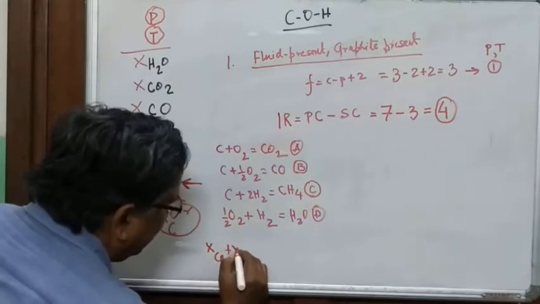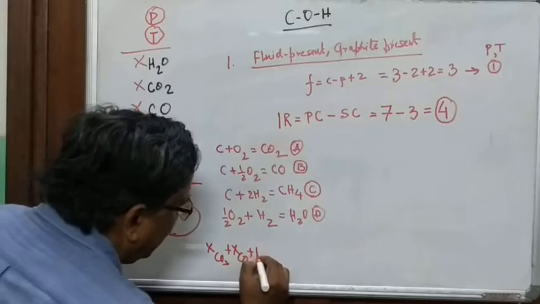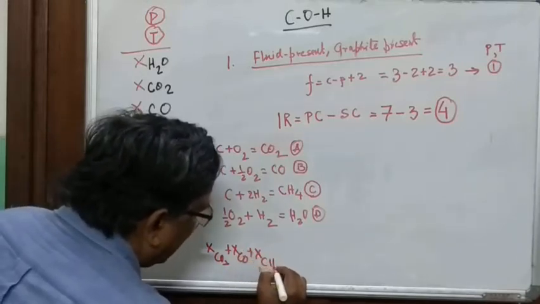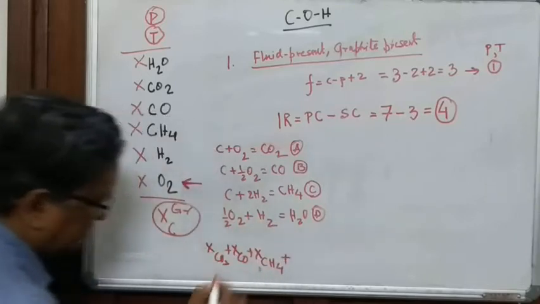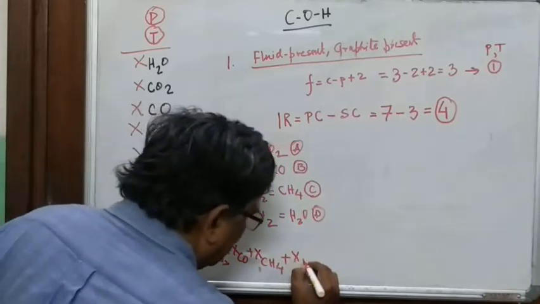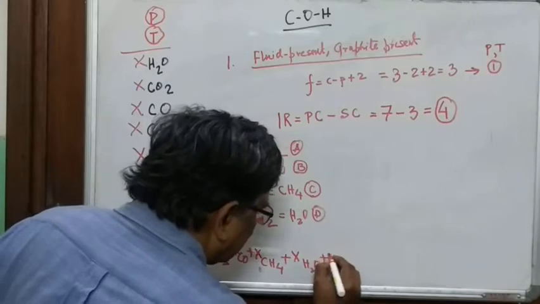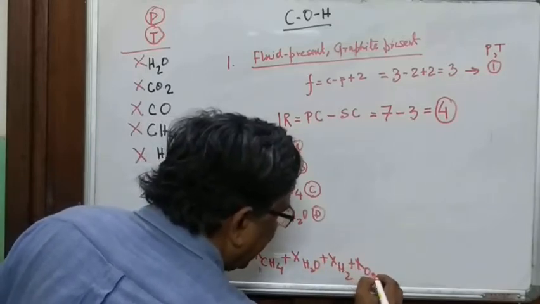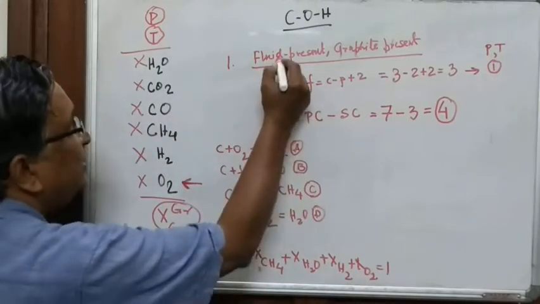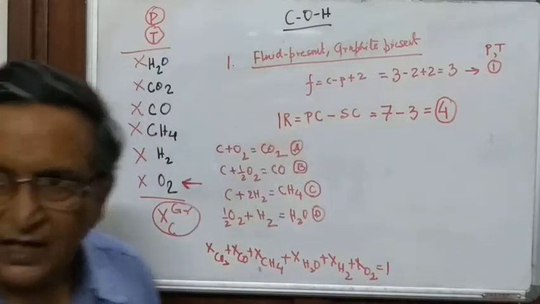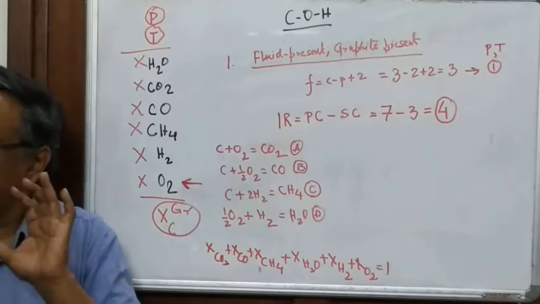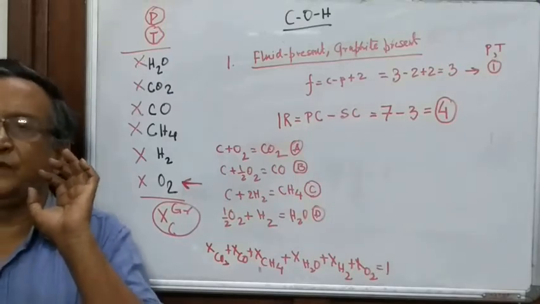XCO2 plus XCO plus XCH4 plus XH2O plus XH2 plus XO2 is equal to 1. Fully present. Now you are feeling a little more comfortable.